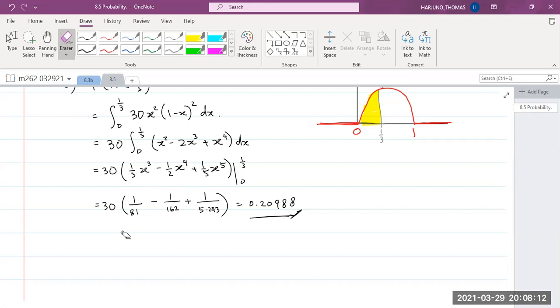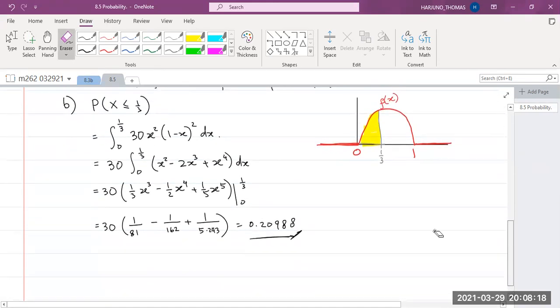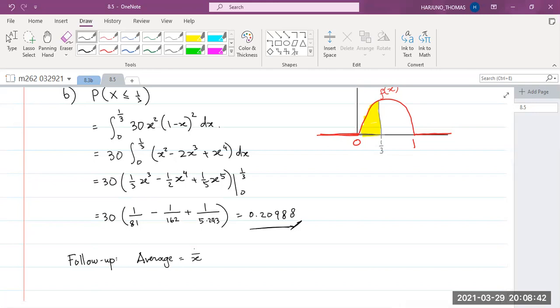About this section. Now if we want to find the expectation or the average, follow up. The average is basically X bar. Now, what is X bar?